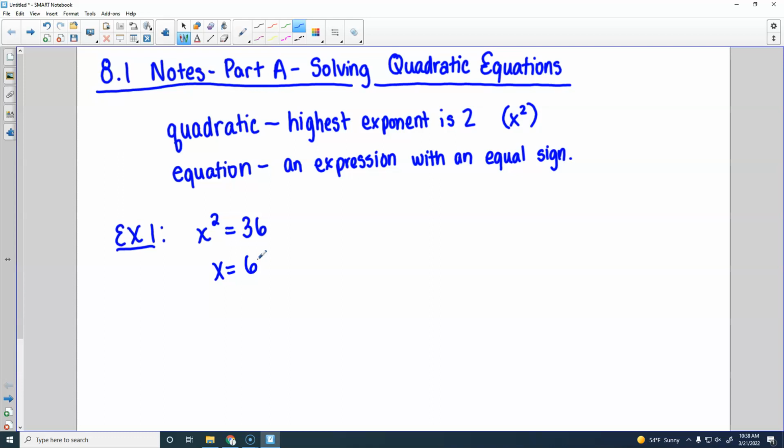Okay? When I square 6, 6 squared is 6 times 6, which gives me 36. 3 won't work because 3 squared just equals 9, so it doesn't equal 36. There's another answer.